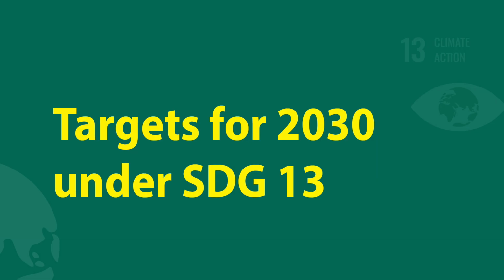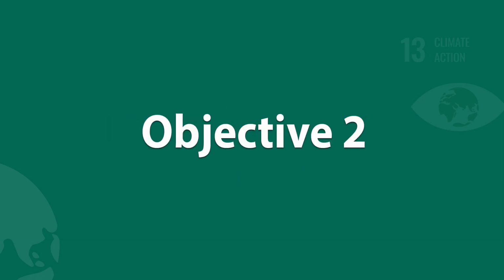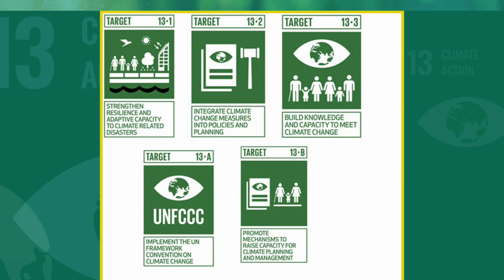Now, let me explain to you the targets for 2030 under SDG 13. This covers the second objective of this chapter. The United Nations lists five main targets under Goal 13: 13.1, 13.2, 13.3, 13.a, 13.b. What is target 13.1? It's to strengthen resilience and adaptive capacity to climate-related hazards and natural disasters in all countries.